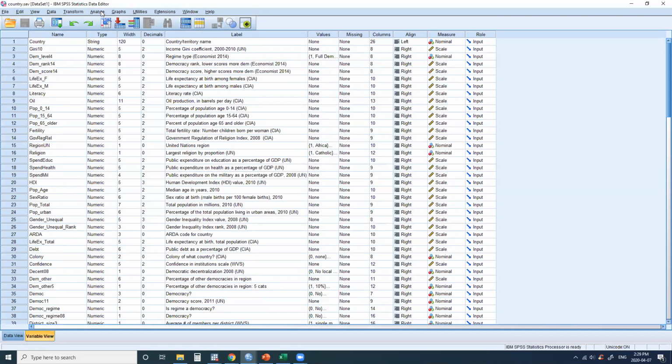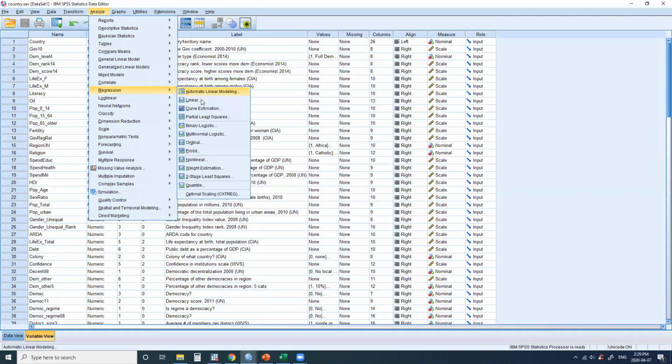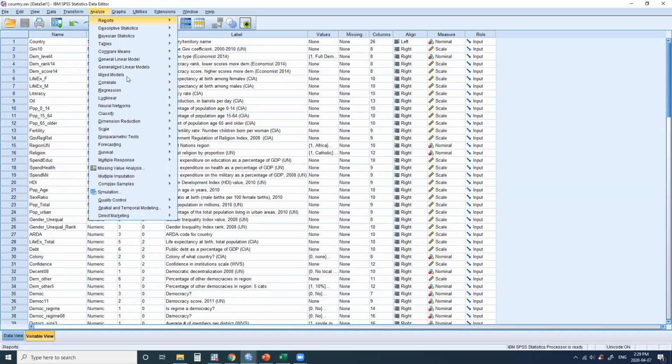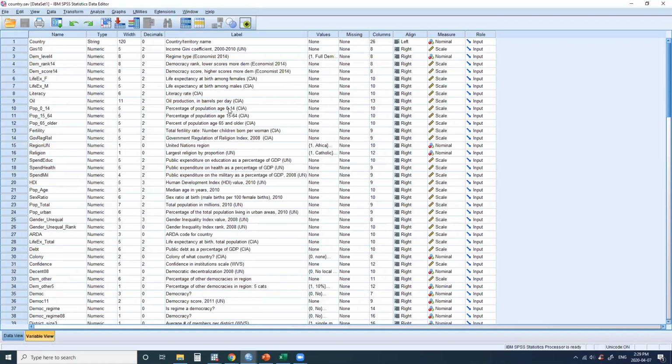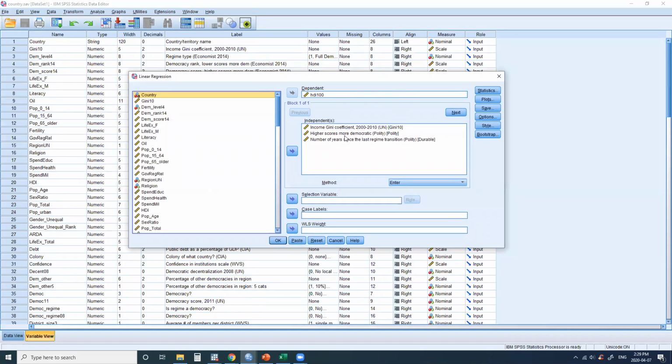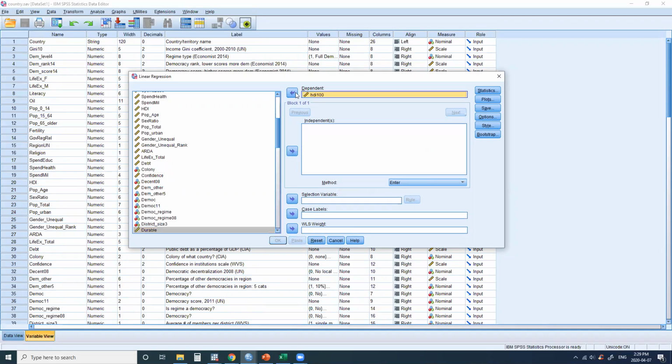So analyze, regression, linear. Again, analyze, regression, linear. And you can see I've already populated there. So I'll do this again. Our dependent variable is HDI 100. That's at the very bottom of the data set.